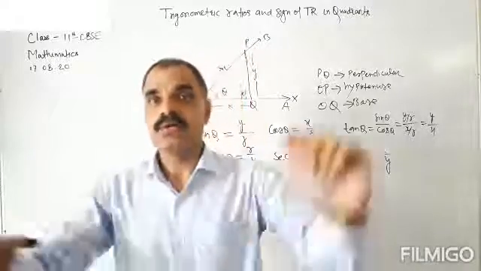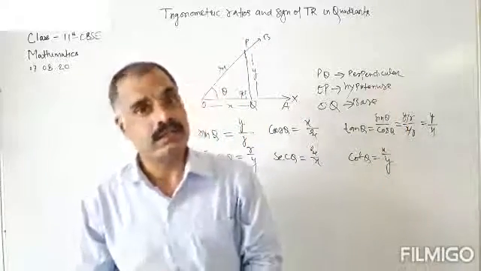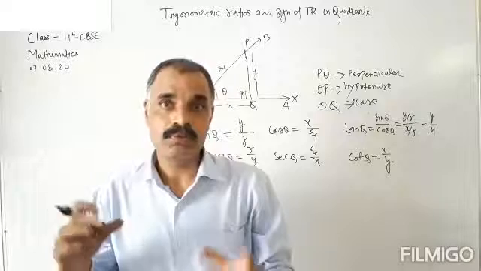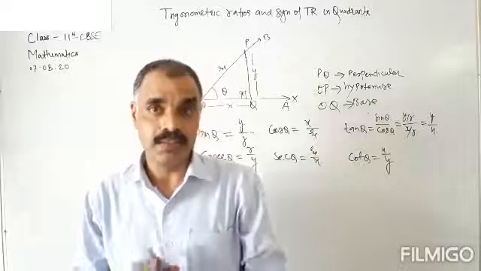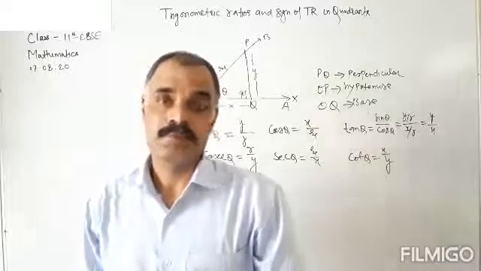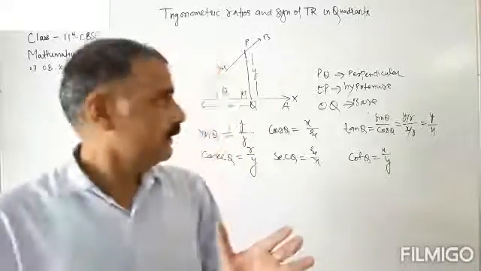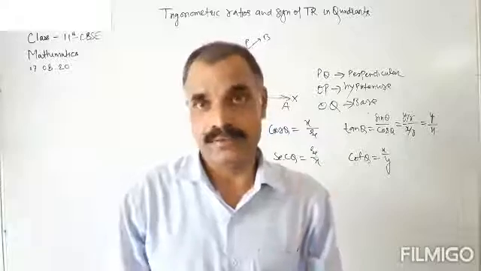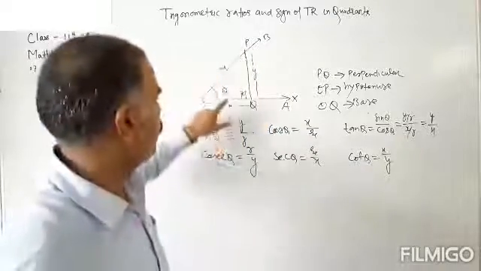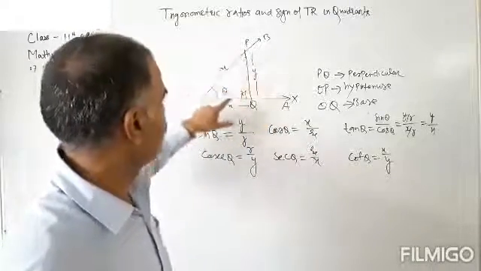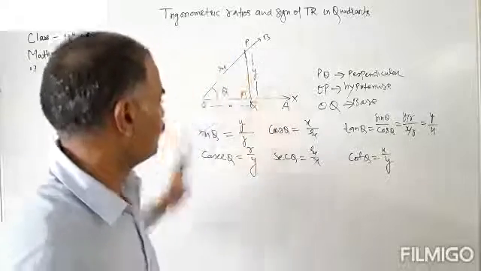Now these are the trigonometric ratios of the angle theta. Now we will discuss the different trigonometric identities. We know that OQP is a right angle triangle.